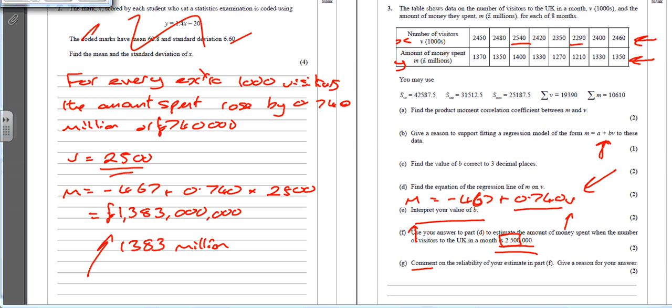So I would say for this one here, it is reliable. 2,500 lies within the data range, therefore interpolation. And there you go. Well done if you managed to make it through to the end. And good luck on Wednesday.